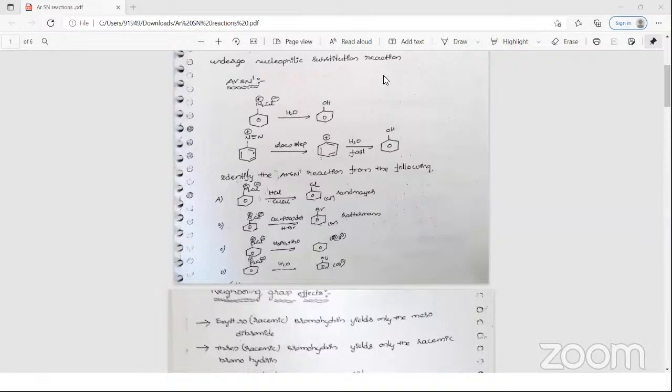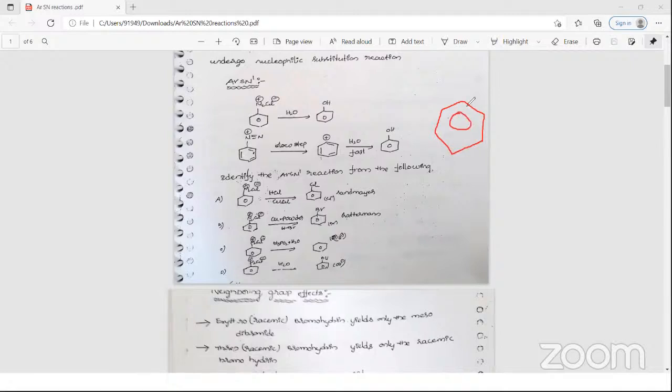Okay, then let us see some more examples where chlorobenzene also, we can see this example of chlorobenzene, where chlorobenzene is going to be substituted by an OH group, but the reaction is very slow. It requires very high temperature. It is also an example of a nucleophilic substitution reaction.